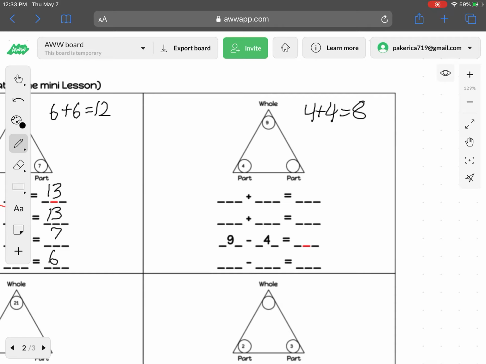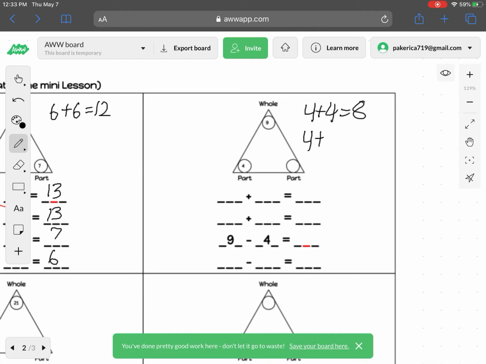I know 8 is 1 less than 9, so I know I need to add 1 more, which gives me the new equation of 4 plus 5 equals 9. My missing number must be 5. I'm going to write that in our equation and in our diagram.